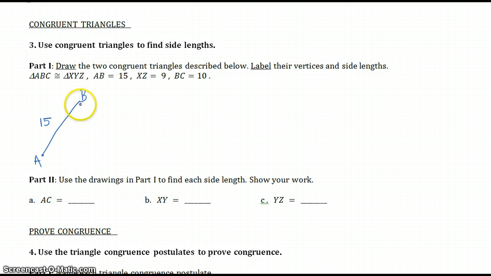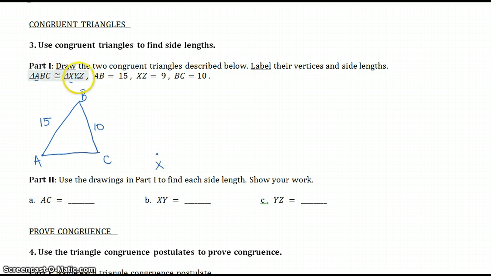BC is 10 units long. There's AC. And then triangle XYZ is congruent, so the point A is going to correspond to the point X.